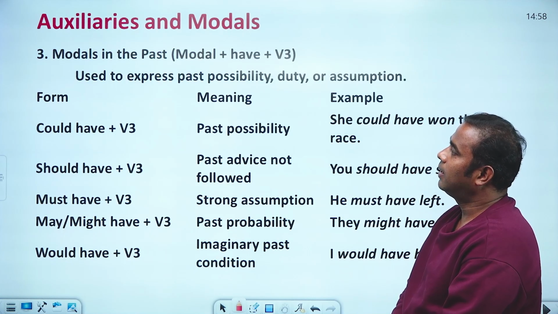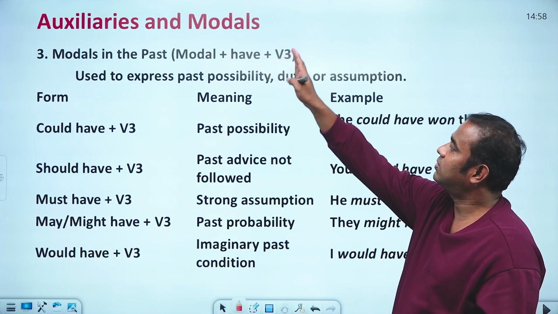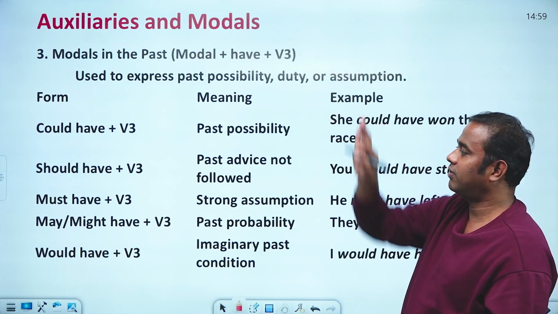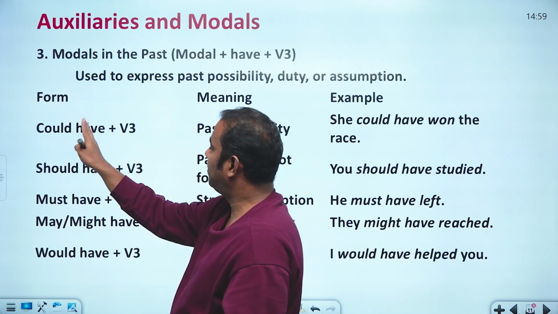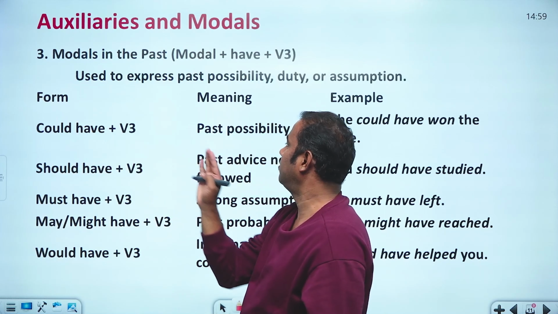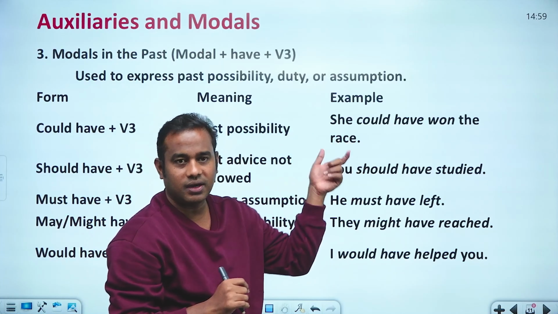Then modals, when you are using them in the past tense, take modal plus have plus the V3 form of the verb. For example, could plus have plus V3 form means past possibility. She could have won the race.